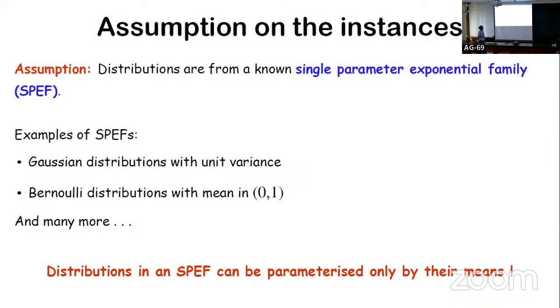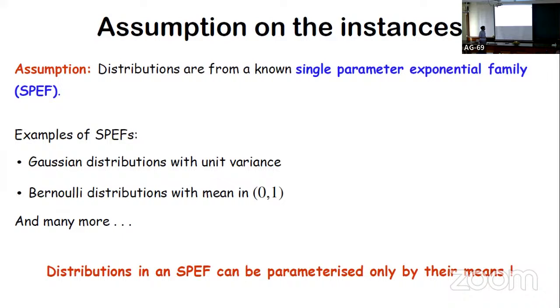So we are assuming, as a simplifying assumption, that in all the instances, the arms or distributions are from some single parameter exponential family. Some examples of such classes of distributions are Gaussian distributions having unit variance, and Bernoulli distributions with the mean in the open interval 0 to 1.